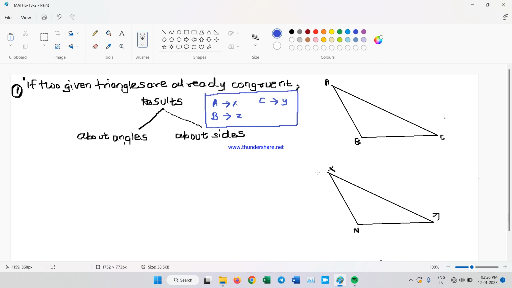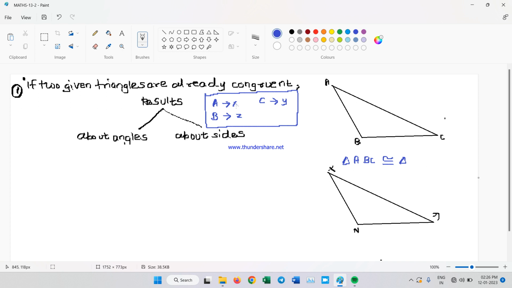Okay. And later you can name the triangle in the same pattern. If you are naming the triangle like A, B, C, then you will follow the same pattern. Like what you will say, triangle A, B, C is congruent to triangle. So here, while naming the second triangle, you have to follow the one-to-one correspondence.